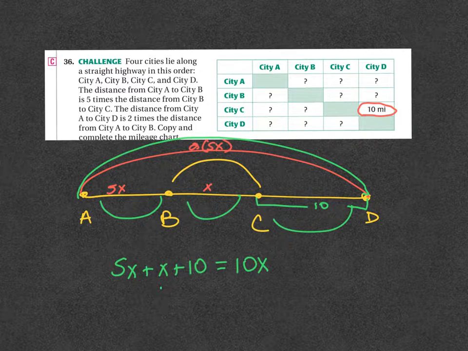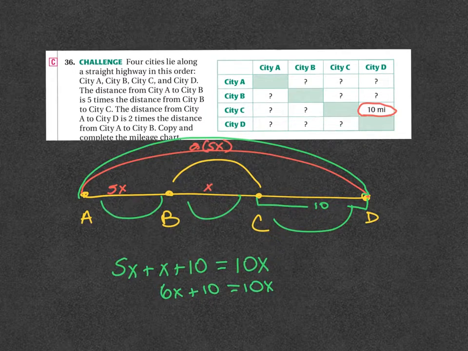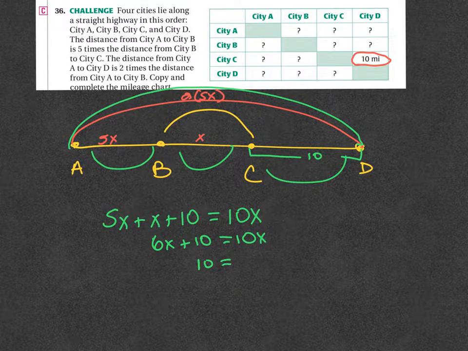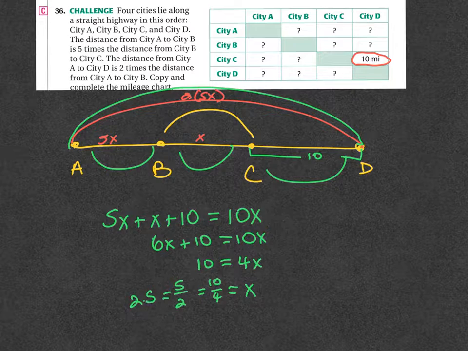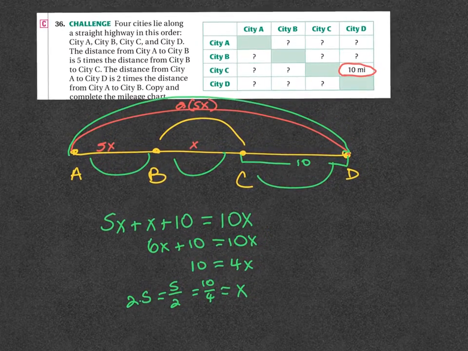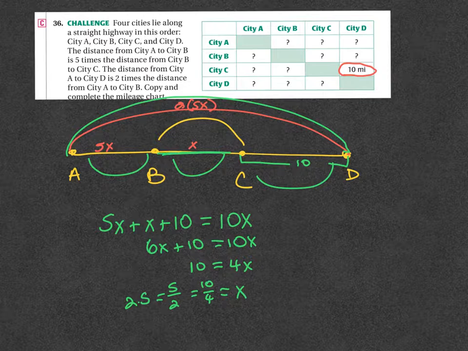Now you get 6x plus 10 equals 10x. 10 equals 4x. X equals 10 over 4, 5 over 2, 2.5. That's the first piece of information you get, which is from B to C. So that goes B to C 2.5. And then A to B is 5 times that.